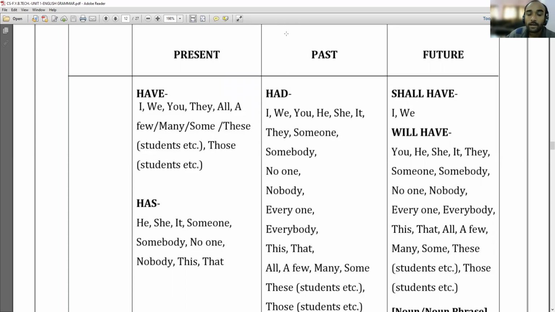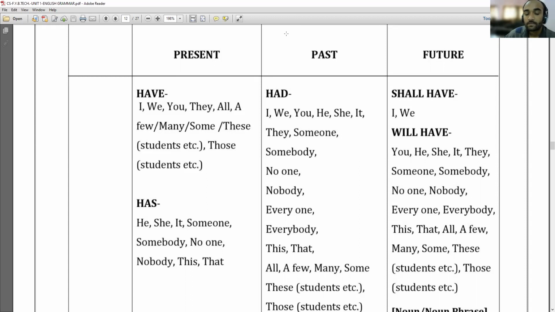Okay, and for singular subjects or singular pronouns, we use has as the auxiliary verb. तर have आपण वापरतो प्लुरल नंतर, प्लुरल सब्जेक्ट असेल, प्लुरल प्रोनाउन असेल त्याच्यानंतर. And has is used after third person singular, that is he, she, it, this, that.